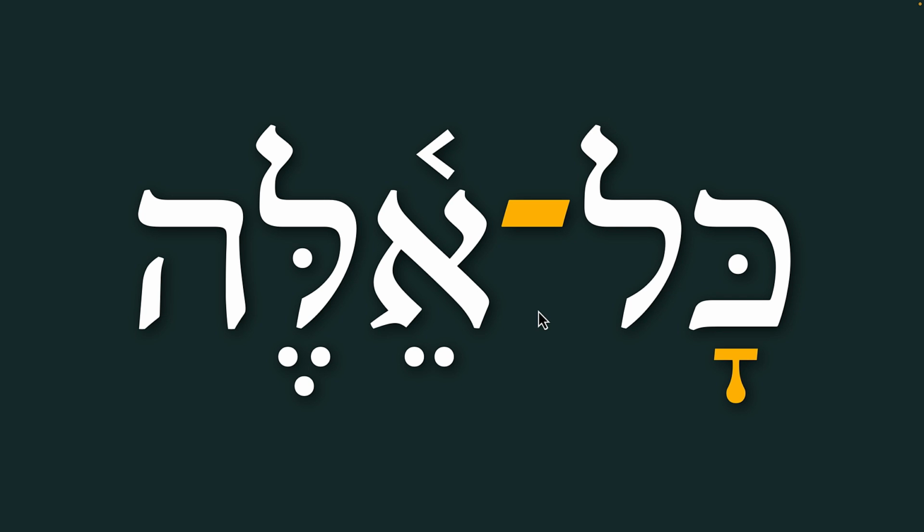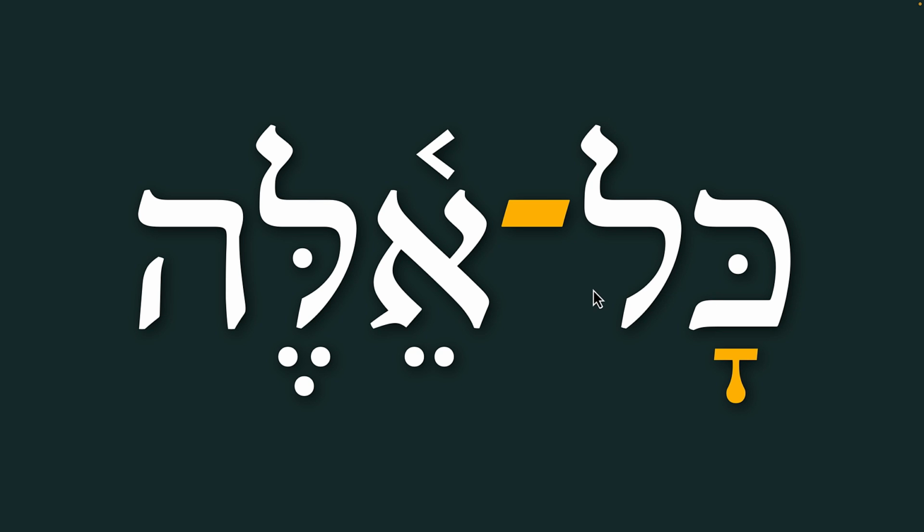The fourth example is wherever you have this word kol followed by a makef. It's called a makef. It's like a bridle. Then usually the stress is on the syllable after the makef.